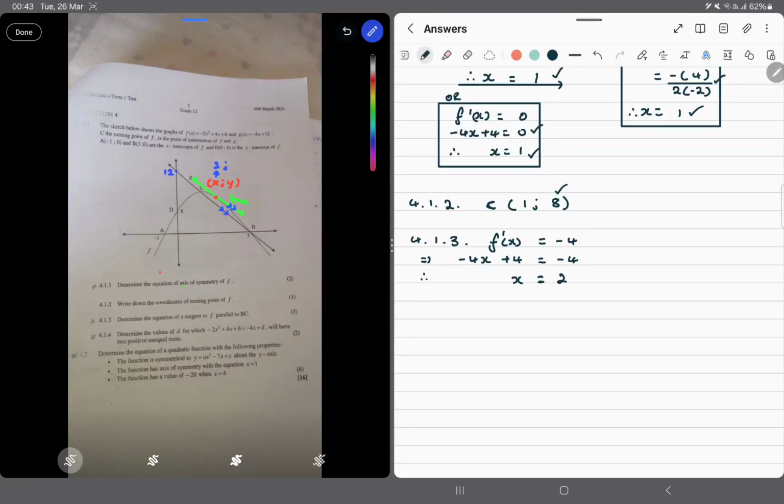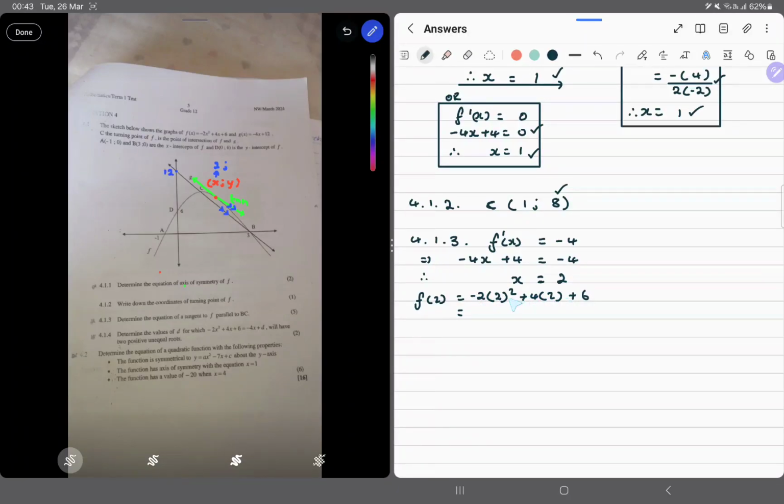Now let's find the corresponding y value. f(2) is going to be minus 2 into 2 squared plus 4 into 2 plus 6. This is 4 by 2, it's minus 8.